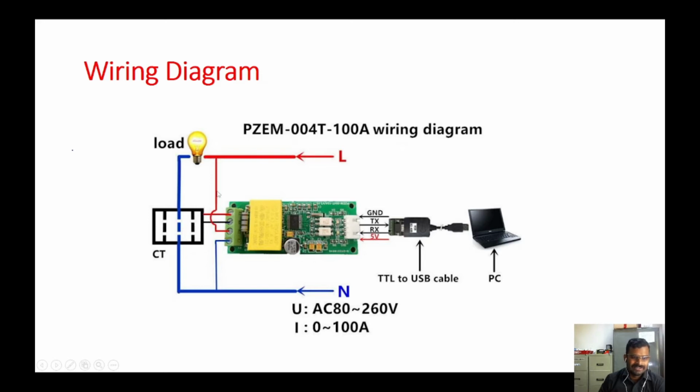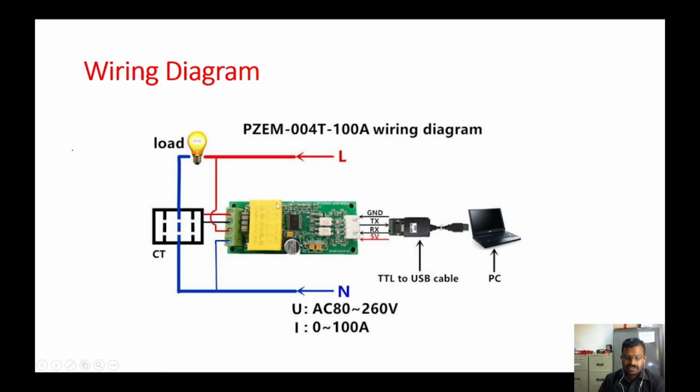The CT and the supply voltage for the load, the same potential, is connected across these potential terminals, where phase and neutral are connected, and then the current transformer output can be connected to the other terminals. So voltage input and current input are given to this energy sensor.